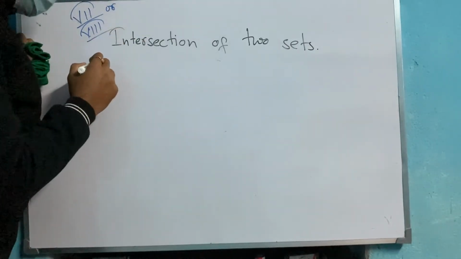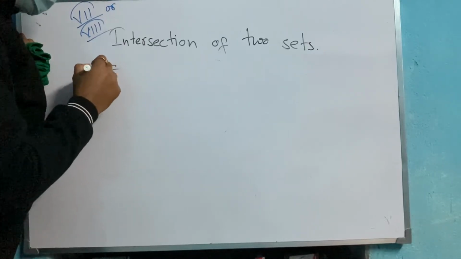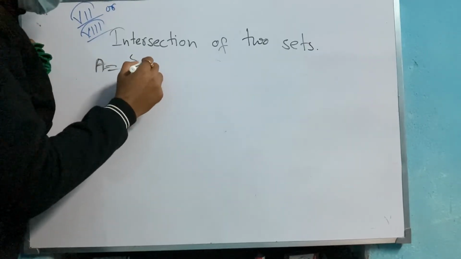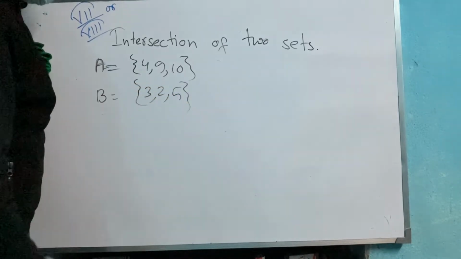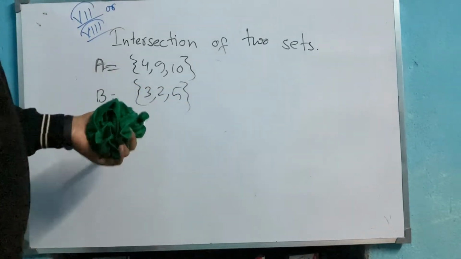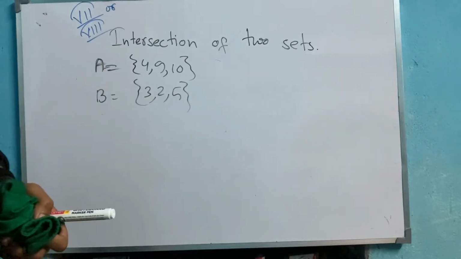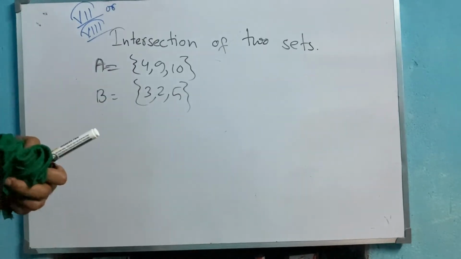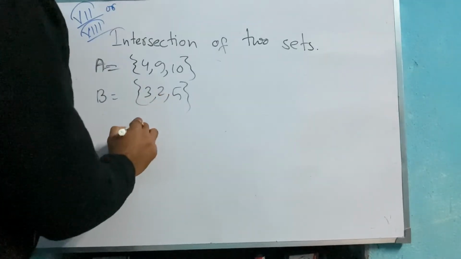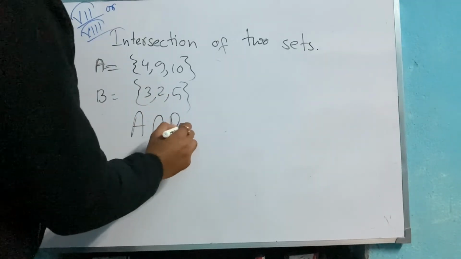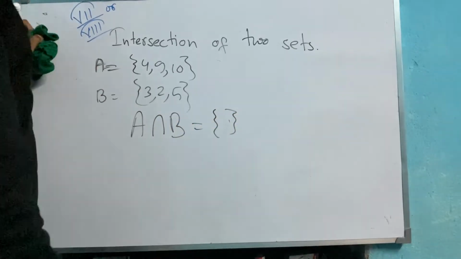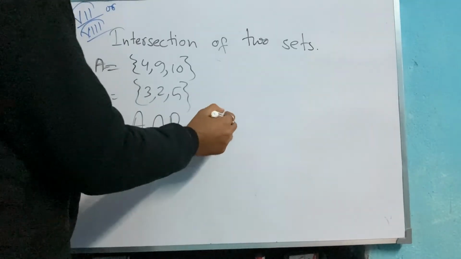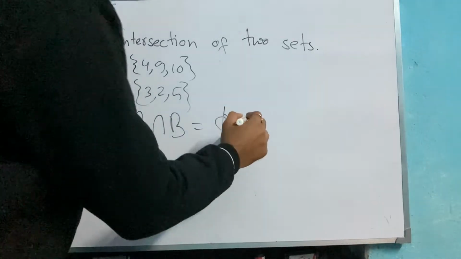Let me give an example: A equals 4, 9, 10, and B equals 3, 2, 5. So what will be the intersection of these 2 sets? There will be no intersection area. So the intersection of these 2 sets will be the null set.